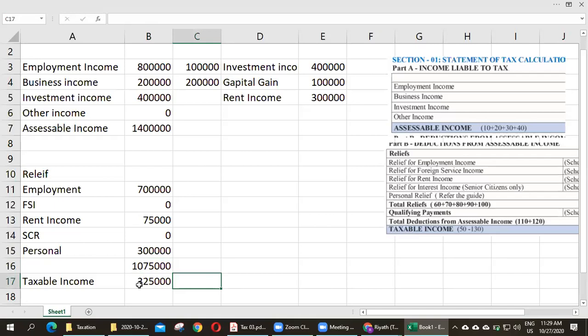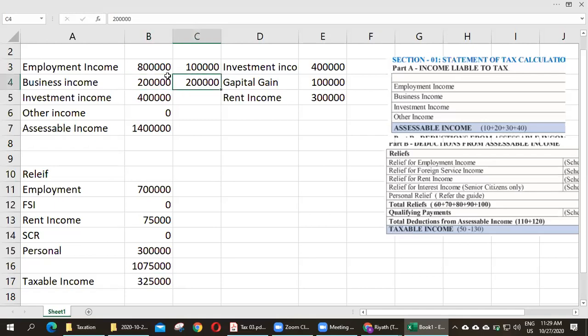Now how much is the taxable income? So one person asked a question: how do we get this 100,000? 800,000 is employment income. He got relief of 700,000. So the balance is this 100,000, not claimed. This business income of 200,000 is not claimed.